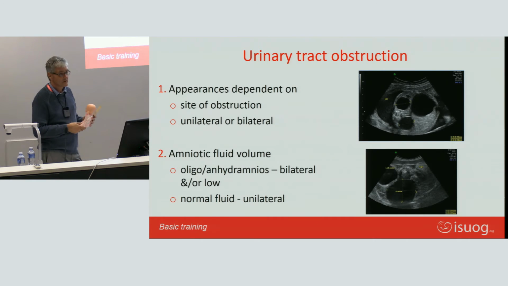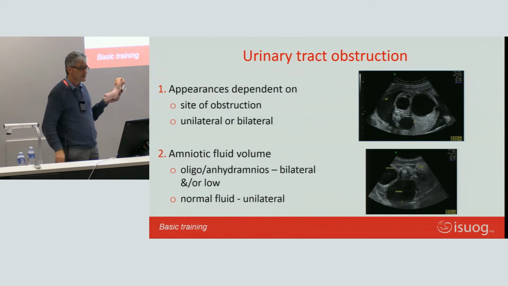And the other issue is, there is urinary tract obstruction, but the baby manages to bypass it and gets enough amniotic fluid, is going to be okay, but it's a sitting duck for ascending infections.